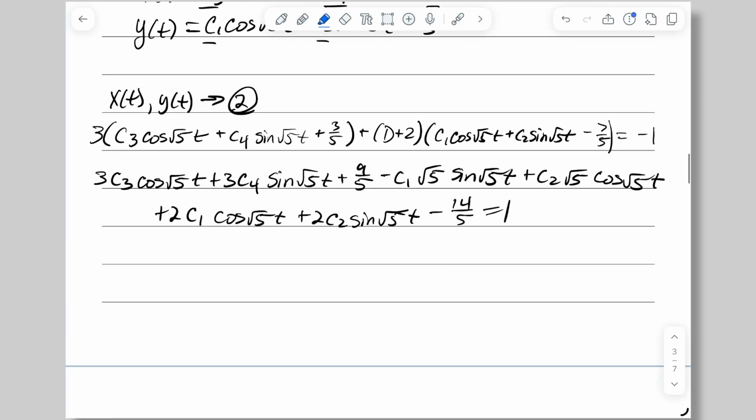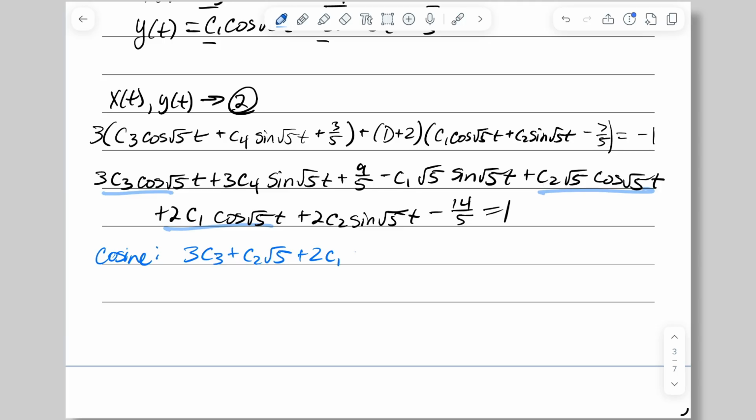Now, what we're going to do is note that we have cosine terms and sine terms and constant terms on the left side of the equation. On the right side of the equation, we just have the constant term. So if we gather together all of our cosine terms from the left-hand side, we have 3c3 plus c2 times the square root of 5 plus 2c1.